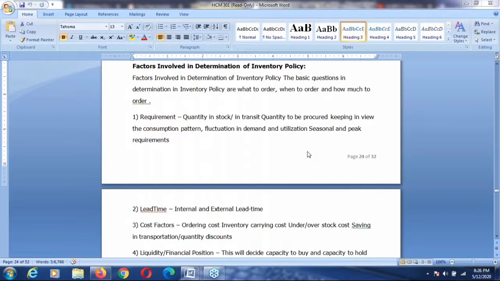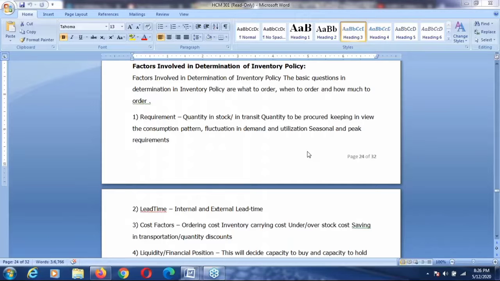Okay, let me go into it once again. Every country has a policy, and every organization has a policy that they apply. So when you are talking about inventory control, they also have an inventory policy.